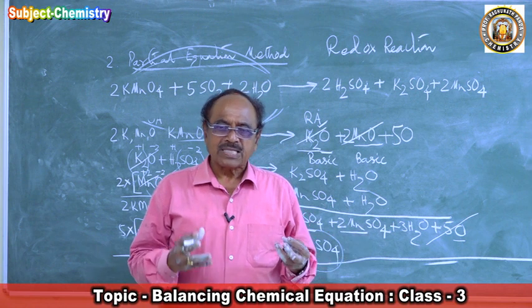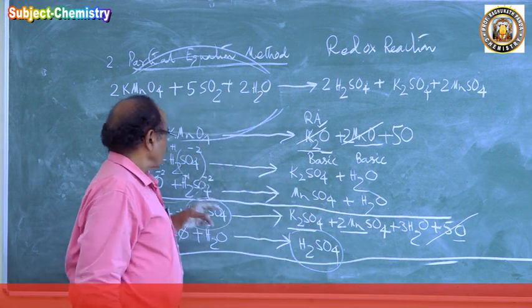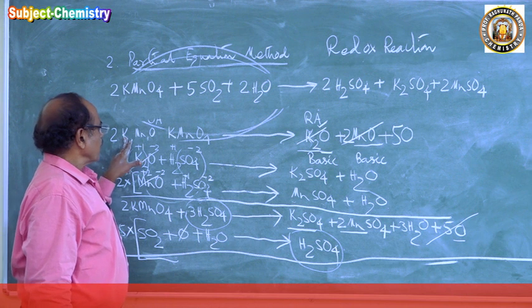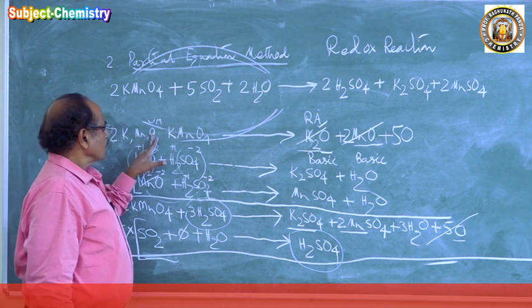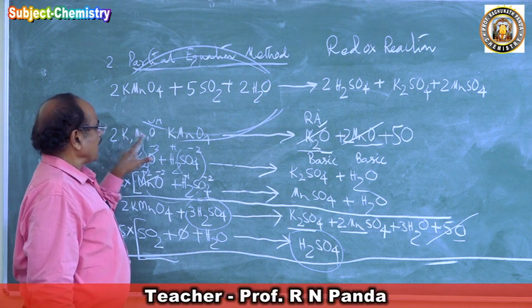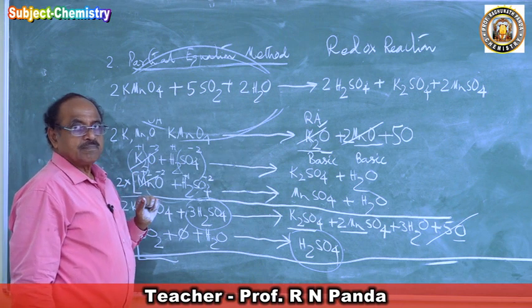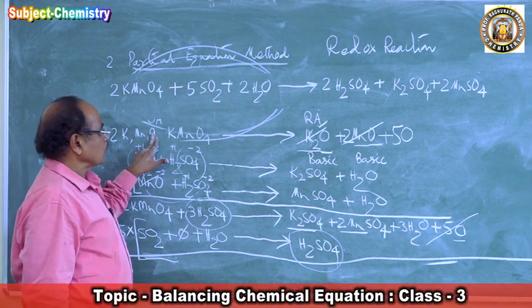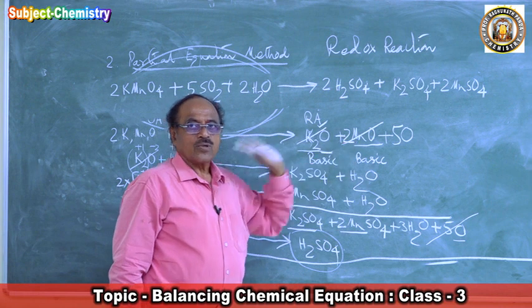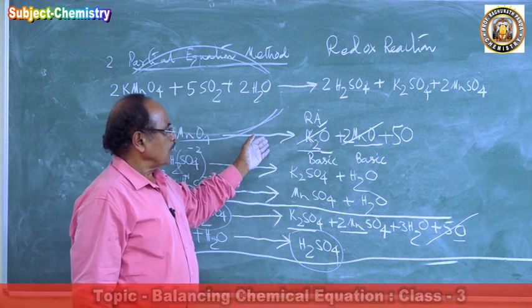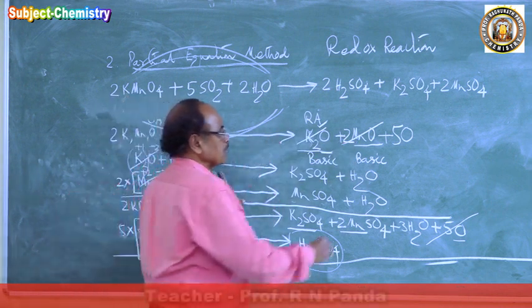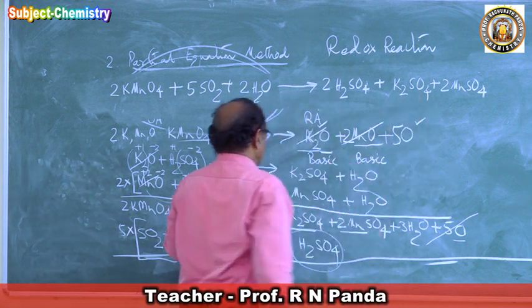So they will react. Potassium permanganate will react. Which elements are present? Potassium, manganese, oxygen. Potassium will react with oxygen to form potassium oxide. Mn will react with oxygen to form MnO, and the rest O comes out. So K2O, 2MnO, 5O. This is balanced in atomic state.